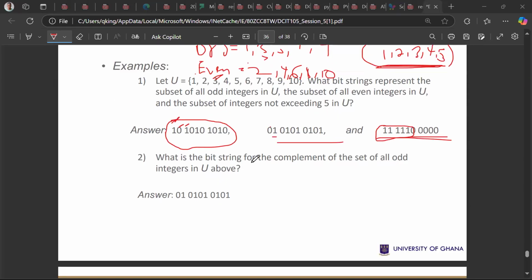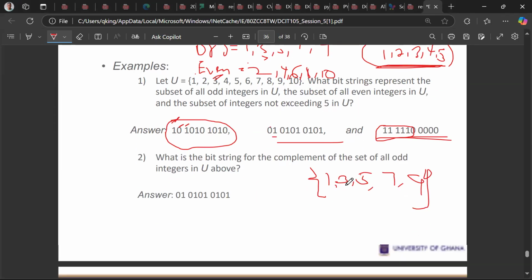It is talking about what is the bit string for the complement of the set of all odd numbers. So you know that all odd numbers, we have 1, 3, 5, 7, and then 9. Because we are dealing with the universal set of 10, that is why we are ending at 9.